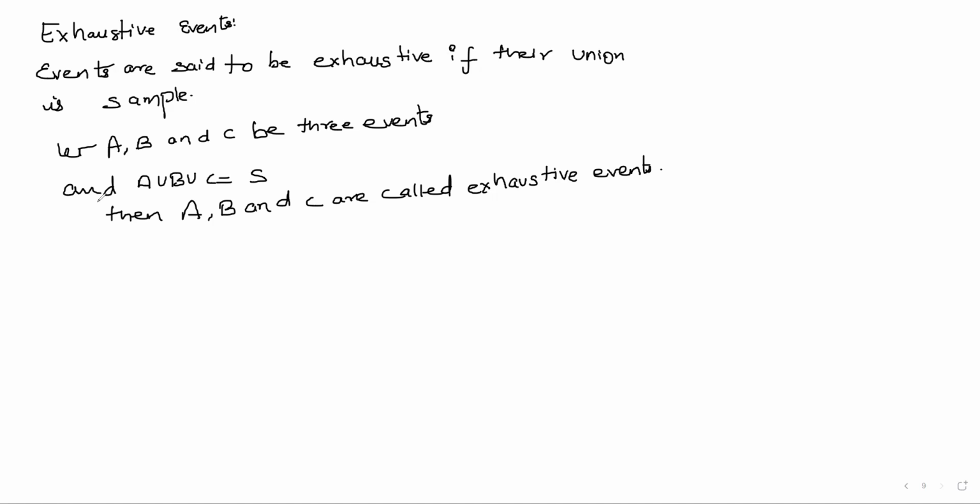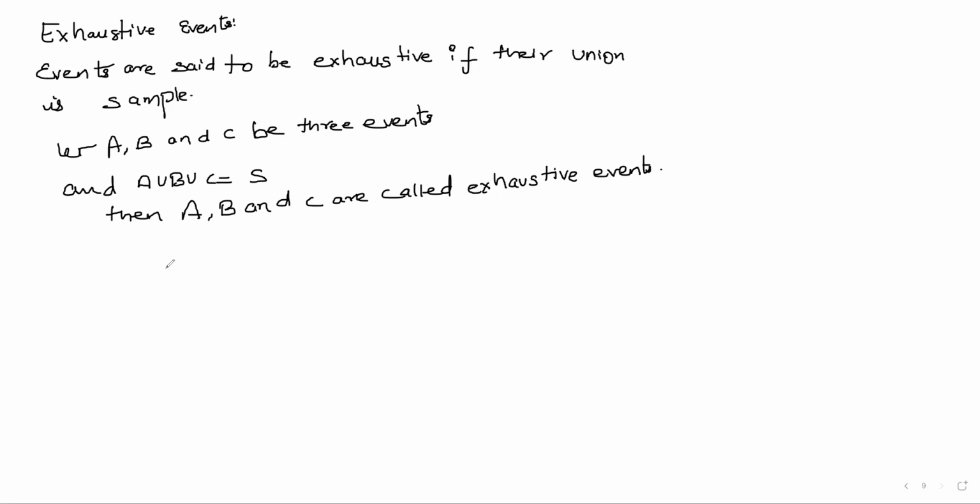Otherwise, please note this. So, is the union of simple events a sample space, sir? Your question is whether the union of simple events is a sample space. That depends. If you take all the simple events of a sample space, then that will give you the sample space.